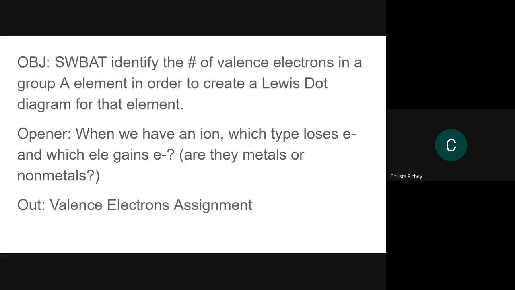And so which types of elements gain electrons? In general, rule of thumb, nonmetals, and they are anions. It is anion and cation, they're ions, cation and anion.